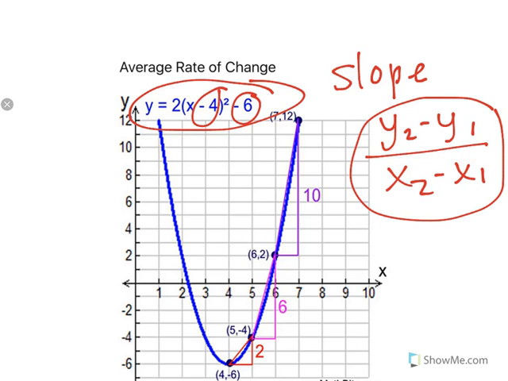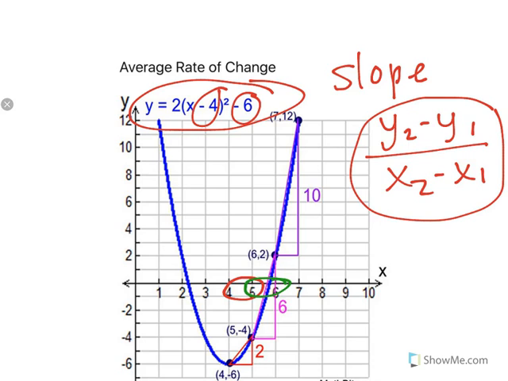As you can see, we identify these by x. So we look at the x's and say, okay, between 4 and 5, the slope is 2. But between 5 and 6, what is the slope? It's going to be 6.